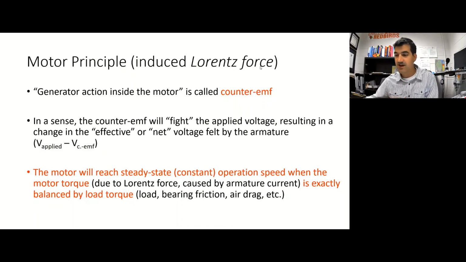You know, it's caused by the car going up a hill, or resistance from the conveyor if it's driving a conveyor. Whatever the motor is driving, that is the load. So whenever the motor torque is exactly balanced by the load torque, that's when it's going to be in steady state operation.